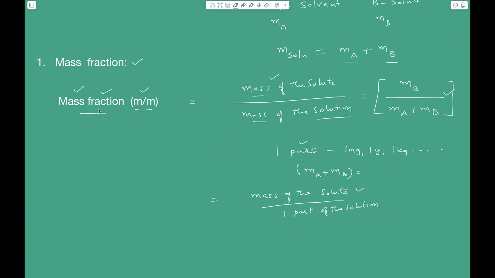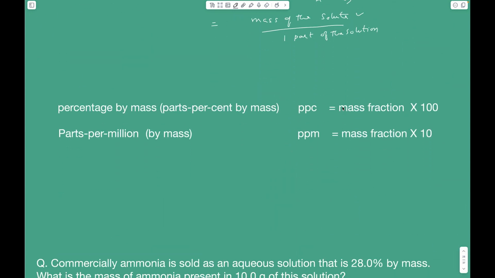Now, if mass fraction represents the mass of the solute per one part of the solution, then how do you get the mass of the solute per 100 parts of the solution? You have to multiply the mass fraction with 100, right?